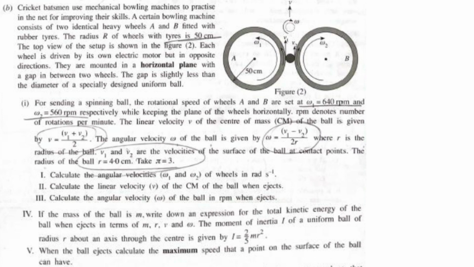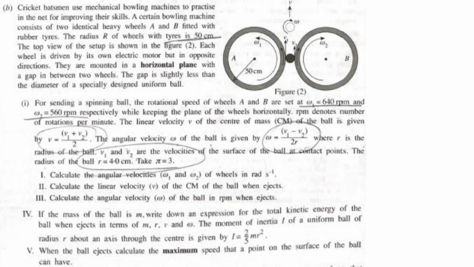The linear velocity v of center of mass of the ball is given by v equals v1 plus v2 over 2. The angular velocity omega of the ball is given by omega equals v1 minus v2 over 2r, where r is the radius of the ball. v1 and v2 are velocities of surface of ball at contact points. The radius of the ball r is 4 centimeters. Take pi as 3.